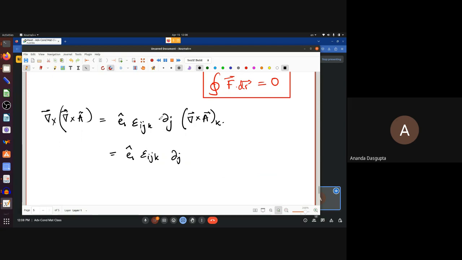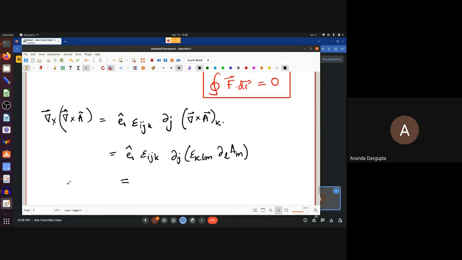By everybody, I mean, I guess I'm asking the only two of you who are still here. The epsilon notation for curls and cross products? Yes, sir. This is epsilon K, L, M, del L, A, M. Then you have to use the standard identity with epsilon products with sum over K and so on.